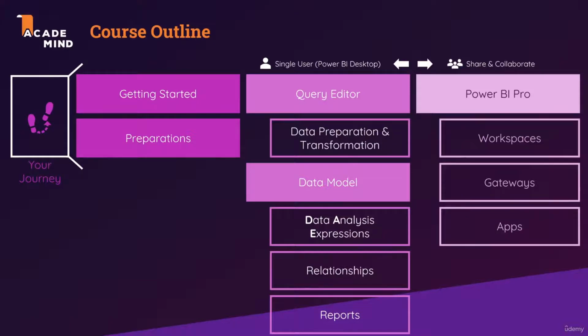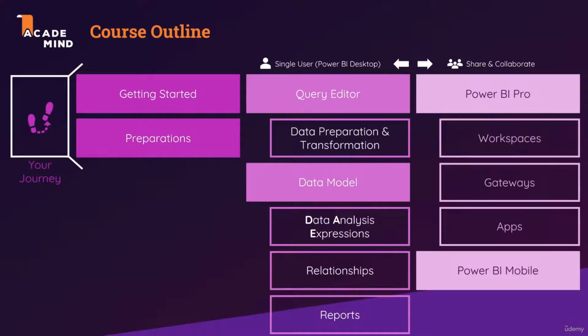Apps allow us to share our projects that we manage in Power BI Pro efficiently inside our organization. After the Power BI Pro concept is clear, we'll finally have a look at Power BI Mobile. Power BI Mobile is a mobile app, and with this app, we can access our projects managed in Power BI Pro from anywhere via a mobile device.